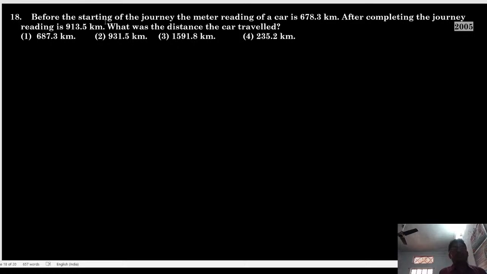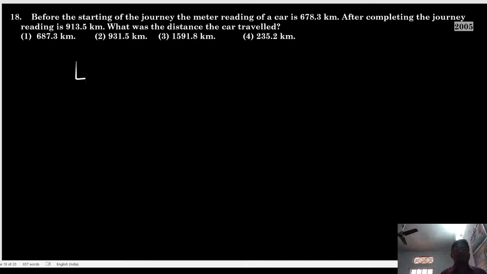18th one. Before the starting of the journey, the meter reading of a car is 678.3 km. After completing the journey, the reading is 913.5 km. What is the distance the car traveled? Last reading minus first reading.